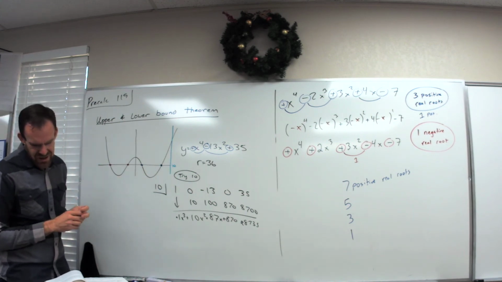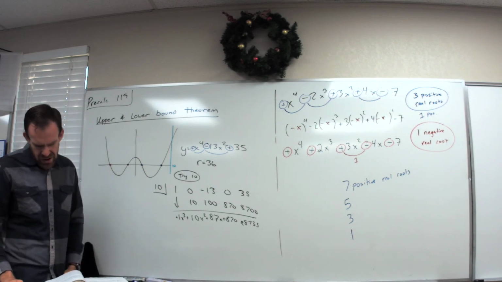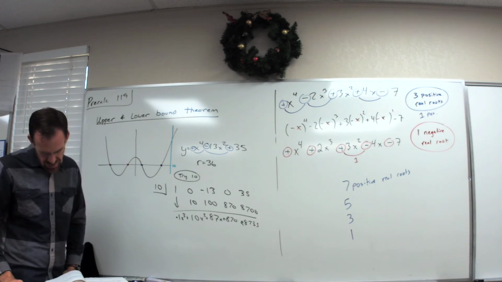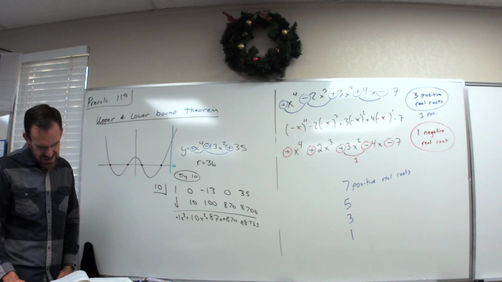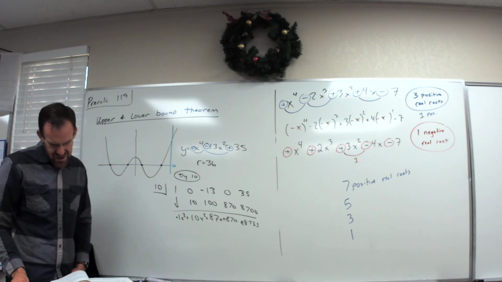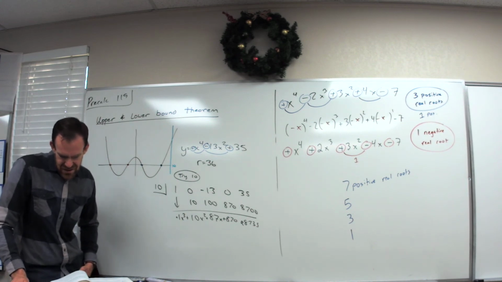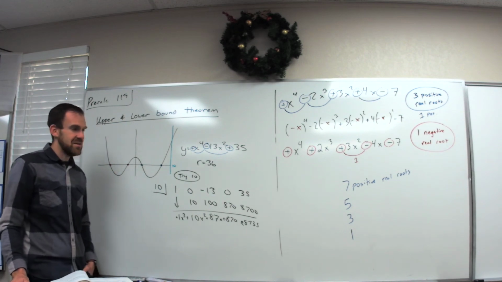Now, the same goes for the lower bound. We're going to use synthetic division and we're going to plug in a negative sign here. But for a lower bound, let's just read it. We use synthetic division, we use negative numbers as divisors. For lower bounds, we look for alternating signs because a bottom row of alternating signs tells us that the divisor is lower and there are no real roots less than this number.